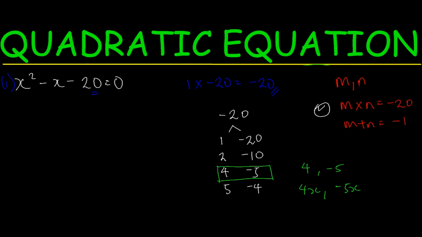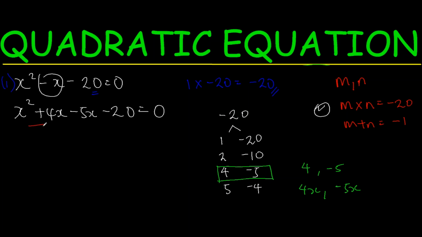So now let's continue solving our quadratic equation. We have x squared. Now we have to replace minus x with plus 4x minus 5x minus 20 is equal to 0.